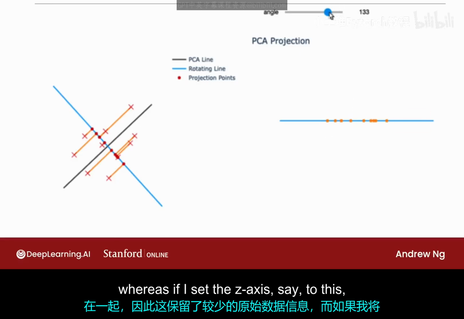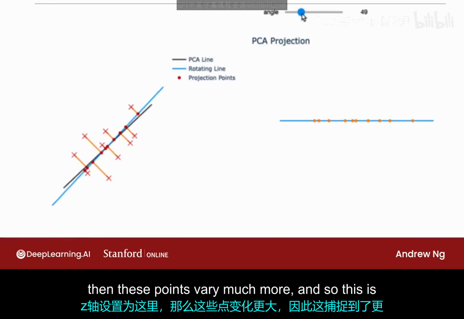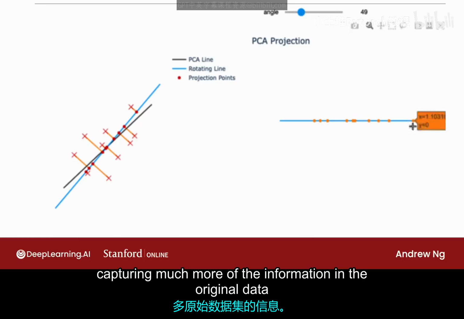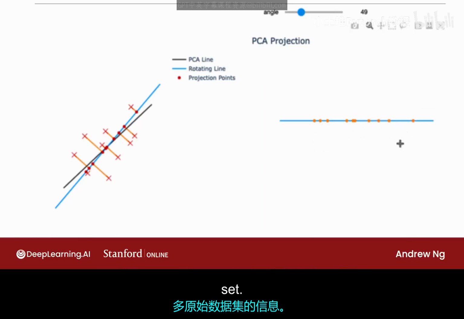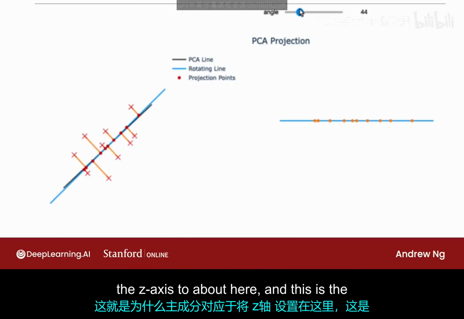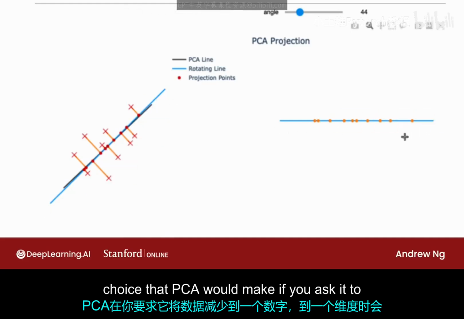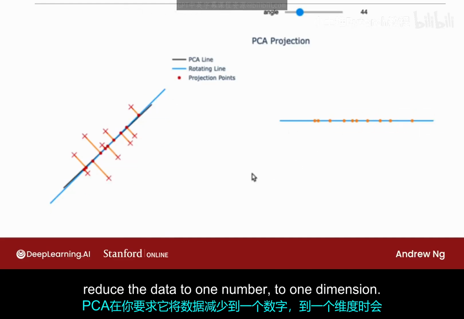Whereas if I set the z-axis, say, to this, then these points vary much more. And so this is capturing much more of the information in the original data set. And so that's why the principal component corresponds to setting the z-axis to about here. And this is the choice that PCA would make if you ask it to reduce the data to one number, to one dimension.